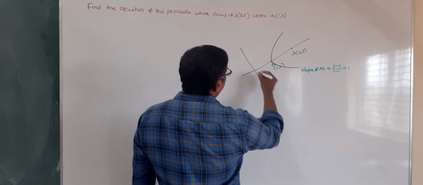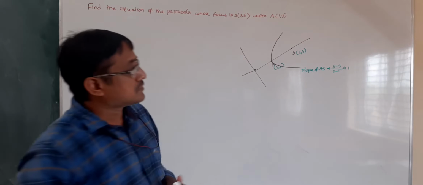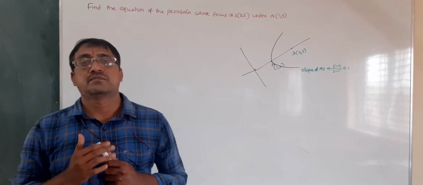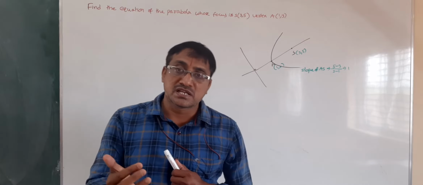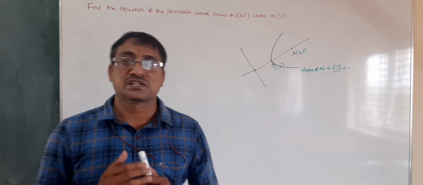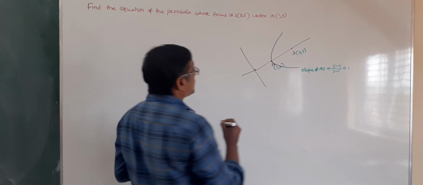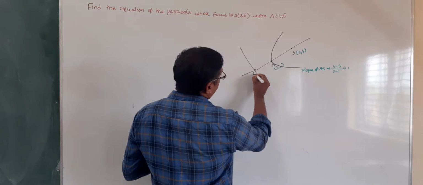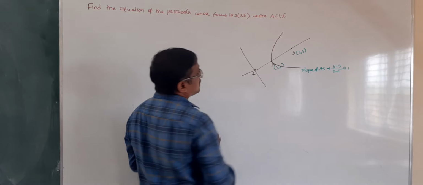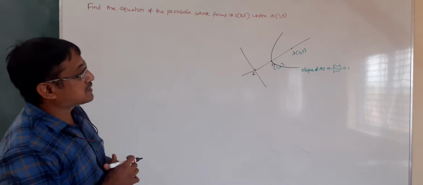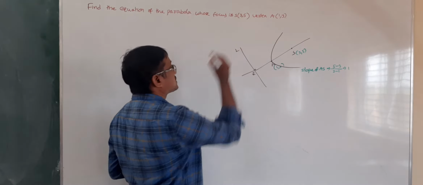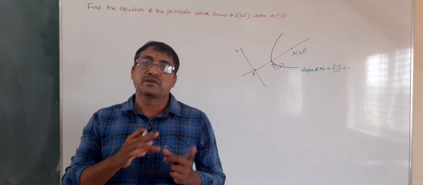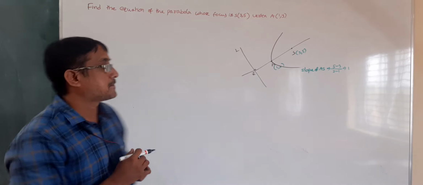To find the equation of the parabola, you need to have focus and directrix only, because the eccentricity of the parabola is always equal to 1. So let Z be the foot of perpendicular from focus to the directrix of the parabola. We don't know the directrix of the parabola, but we know that capital A is the midpoint of SZ.